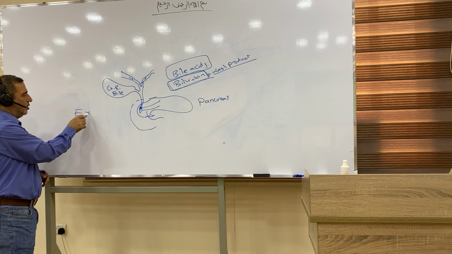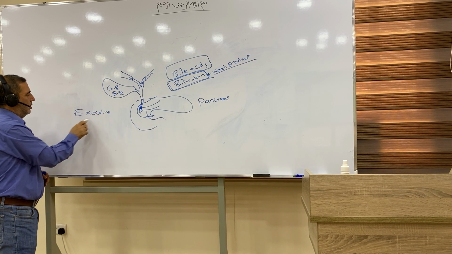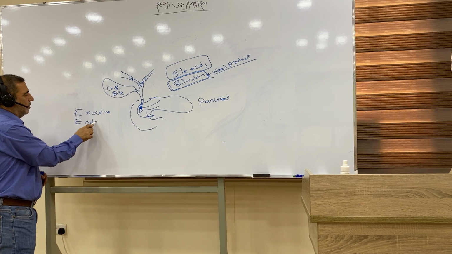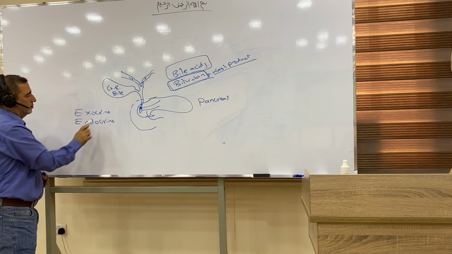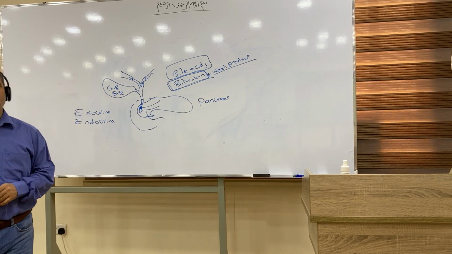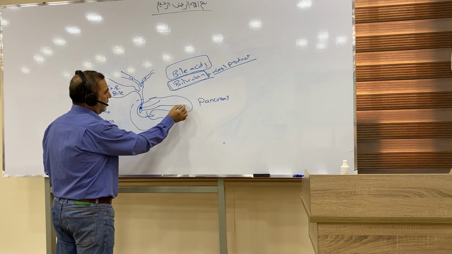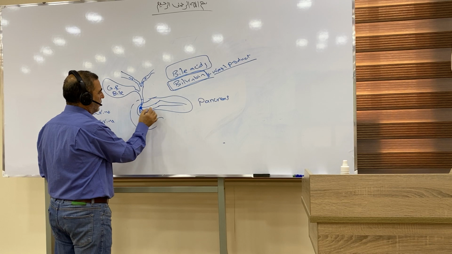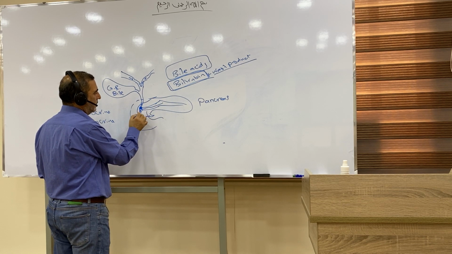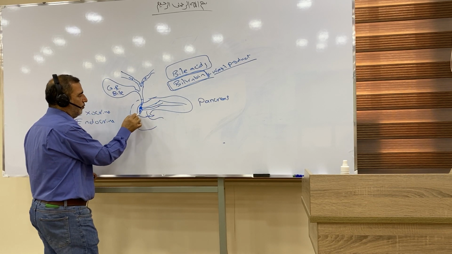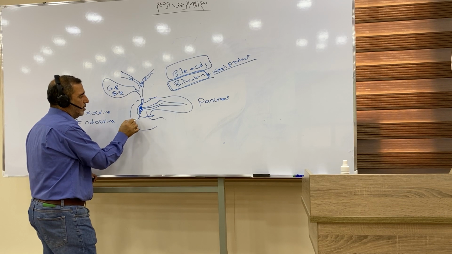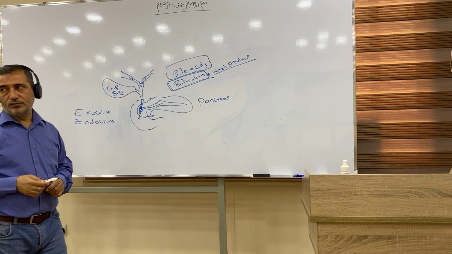It has exocrine and endocrine function. Exocrine comes to the bowel through the pancreatic duct and then is controlled by the ampulla of Vater to be excreted inside the duodenum.